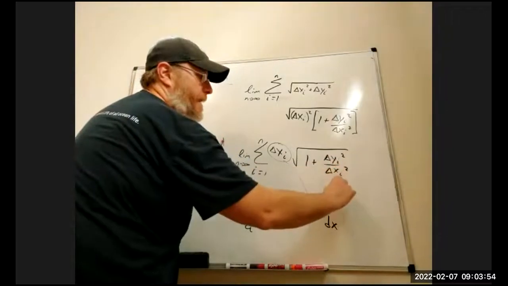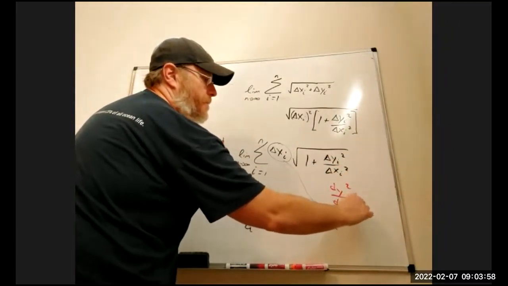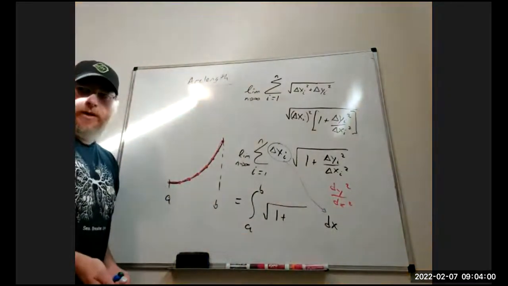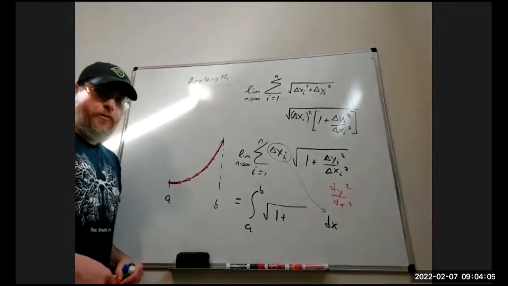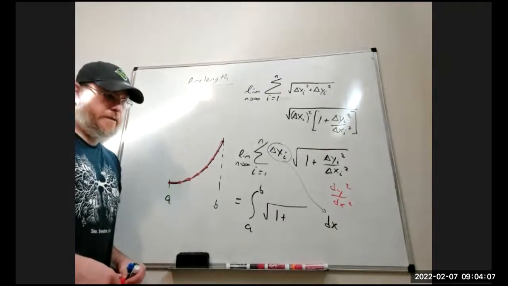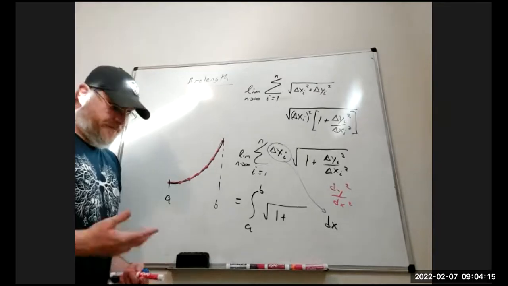This is going to become a dy squared over a dx squared. And what is dy over dx? It's the slope, which in calculus is the derivative.